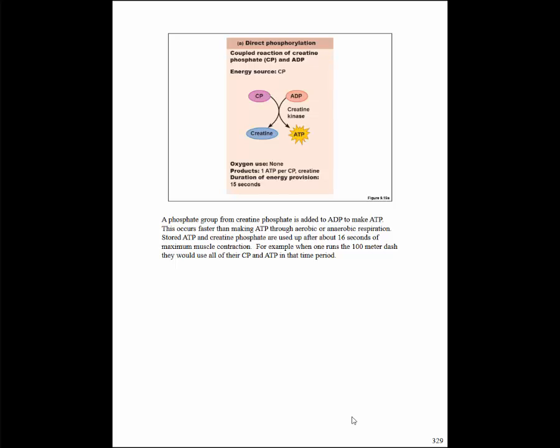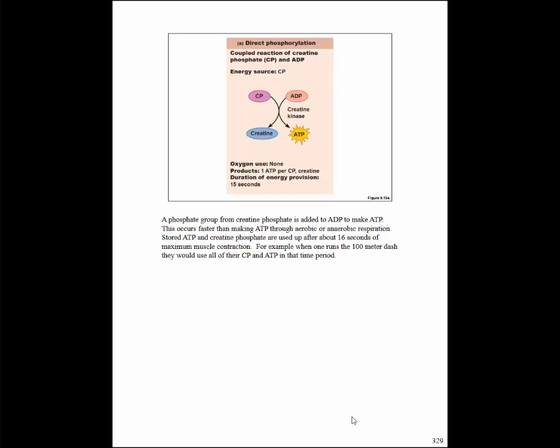And then once that's used up, we just have to rely on what's in our blood glucose. And how does that get there? The glucose in our blood, how does it get there? Diet. Yeah, whatever you ate. So if I ate something prior to exercise, I might have some glucose floating around my blood that I can use.